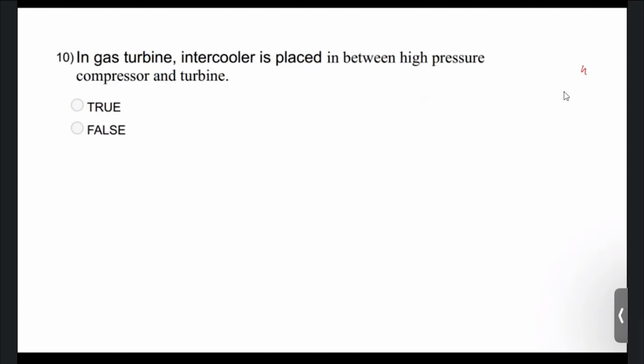In a gas turbine, the intercooler is placed in between the high pressure compressor and turbine? No. Okay, so as you remember, the intercooler is always placed between the low pressure compressor and the high pressure compressor.